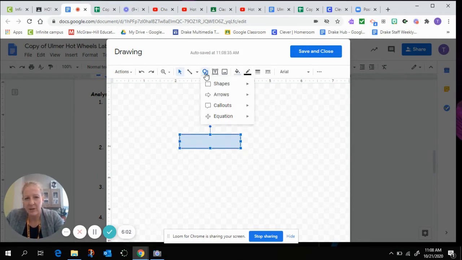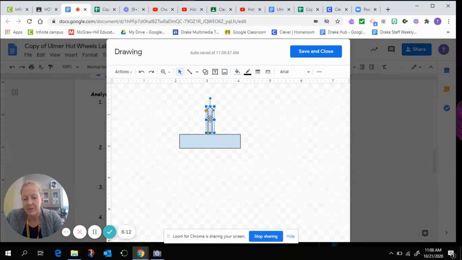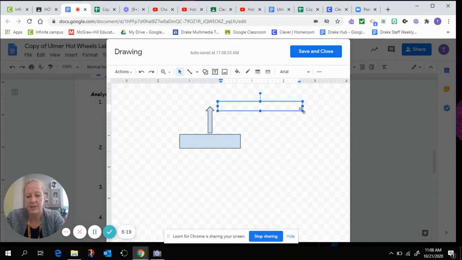Then I'm going to start adding my forces that are on the car. Like we just talked about, there's an upward force on my car. For that upward force, I use an arrow, and then I'm going to add a text box to label it. That upward force is called the support force or the normal force.